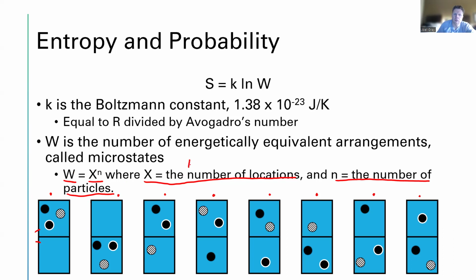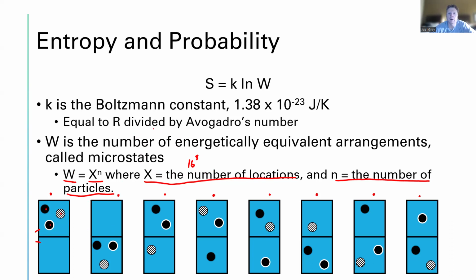So that gives us 16 for x. Now, n is the number of particles. Here we have a grand total of 1, 2, 3 particles. So we have 16 to the 3rd power. That would be that sort of calculation if we were to quantify it.